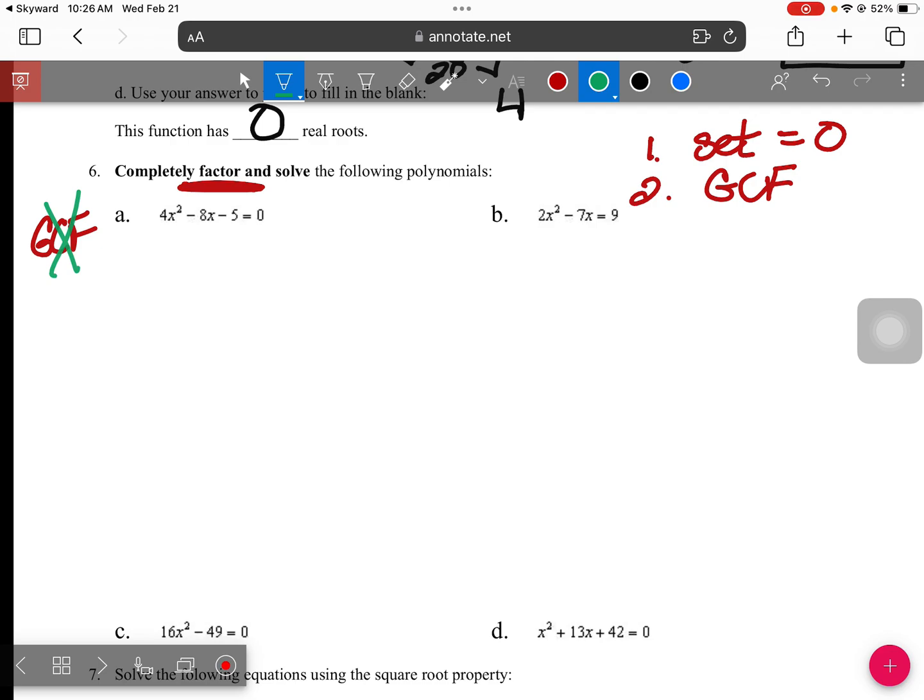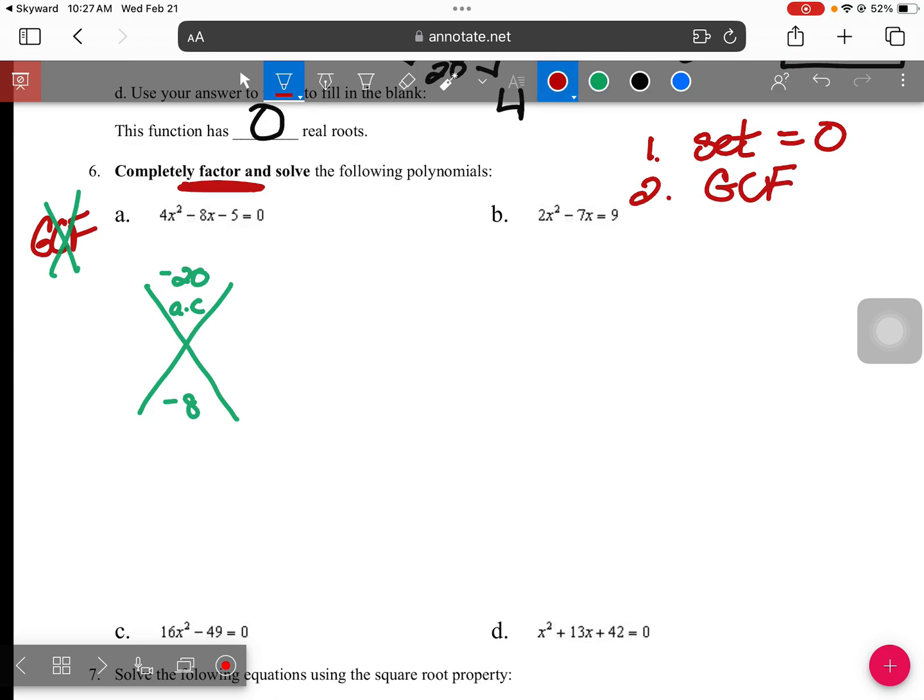So how many terms do I have? 3. So what type of factoring am I going to do with 3 terms? X box. So I am taking A times C, which is 4 times -5 to give me -20. And my B value is -8. So I need factors of -20 that add to -8.